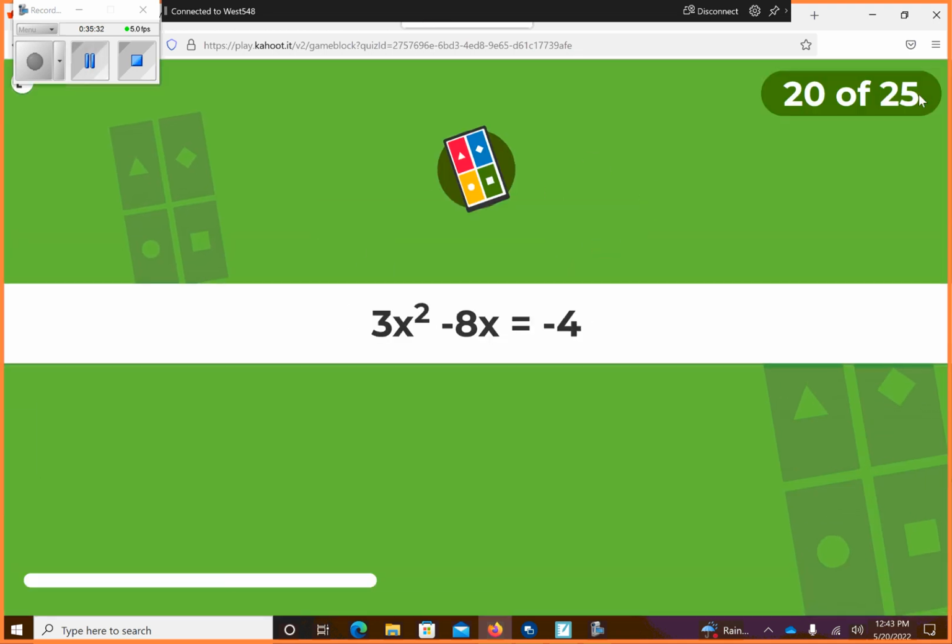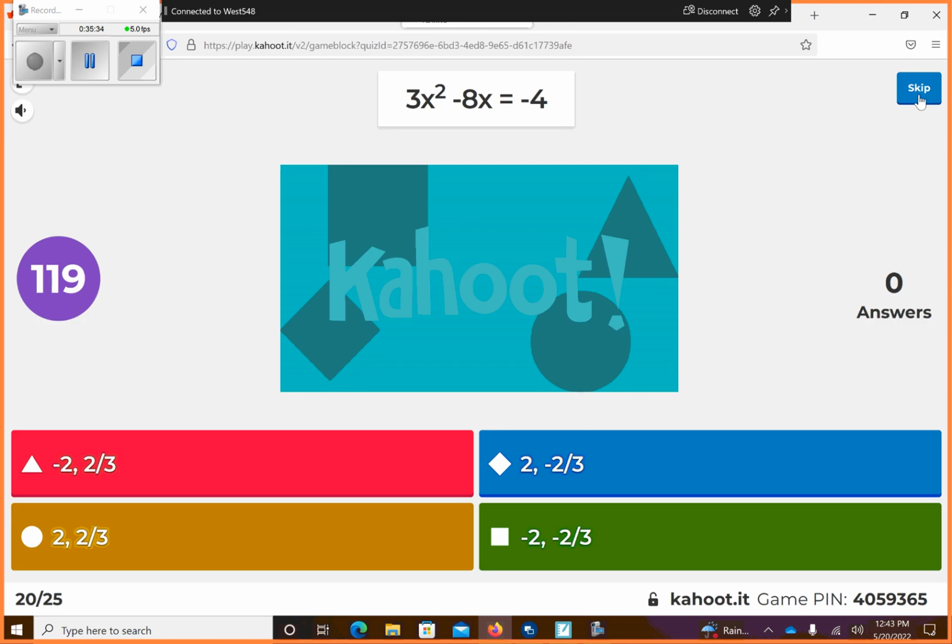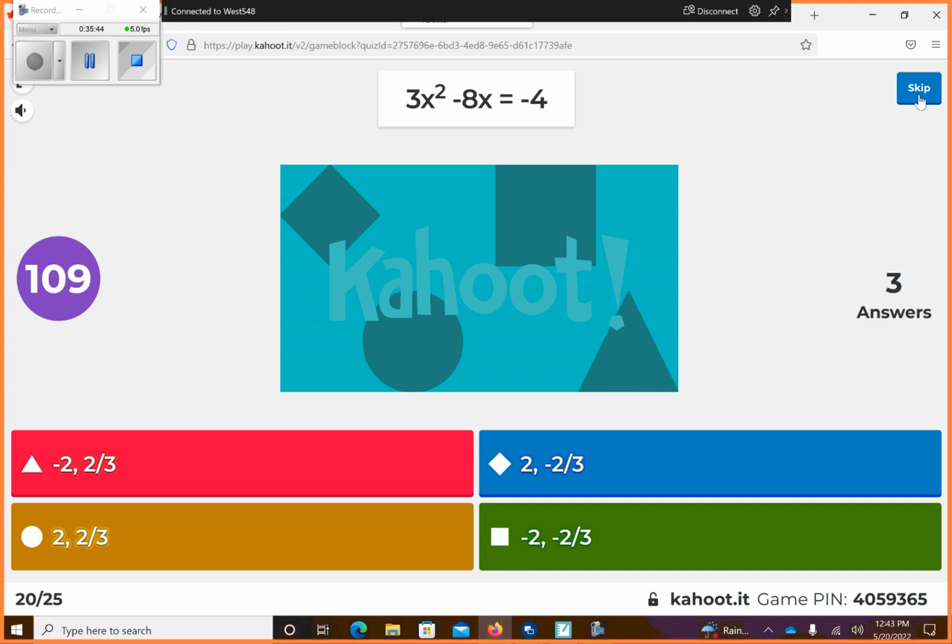Number 20. Ooh, make sure you add the 4 to bring it over. So you get 3x squared minus 8x plus 4. Then you multiply 4 and 3 together to get 12. What two numbers multiply to give you positive 12, add to give you negative 8? They'd both be negative in the binomials. And then set those equal to 0.